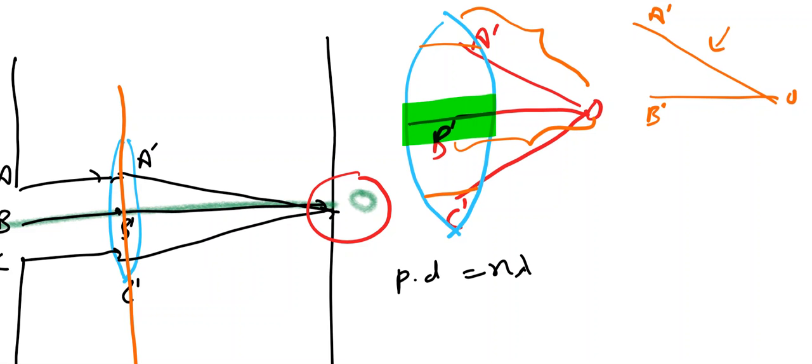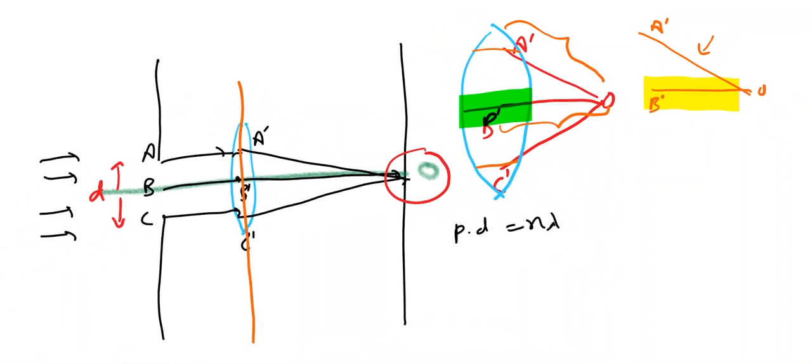You may say that the optical distance traveled is the same for all three waves. One is traveling more distance in air, another is traveling less distance. This is traveling less distance in air, but more distance in glass. And hence ultimately they reach at the same time at point O, and hence there is no path difference.